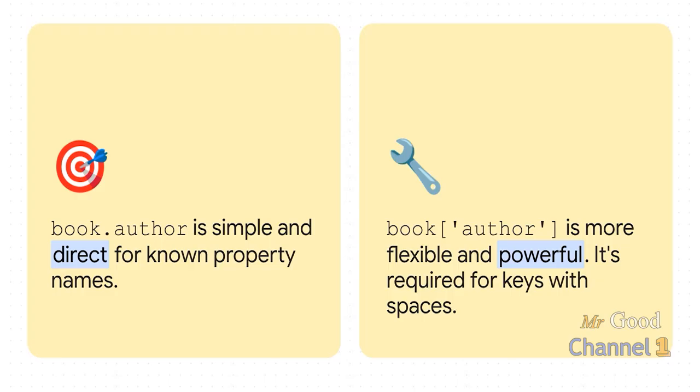Okay, so book.author, that's dot notation. It's awesome when you know the exact name of the property, and it's a simple name, no spaces or special characters. But then you have bracket notation, book['author']. It looks a little different. You use square brackets, and the property name is a string inside quotes. You have to use this for keys with spaces, like release date, but honestly, its real power lies somewhere else entirely.